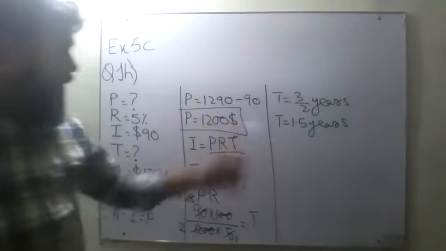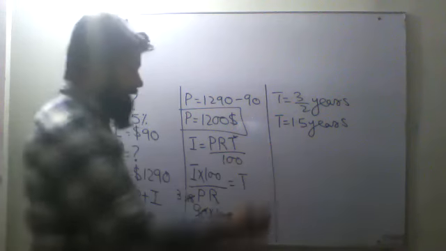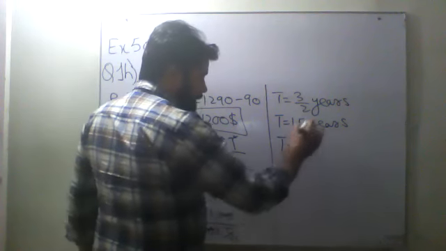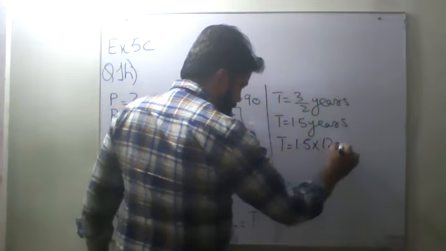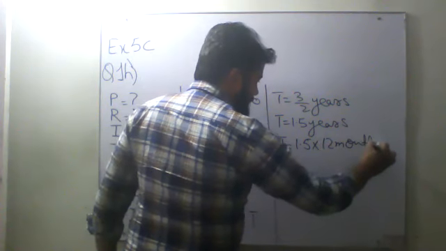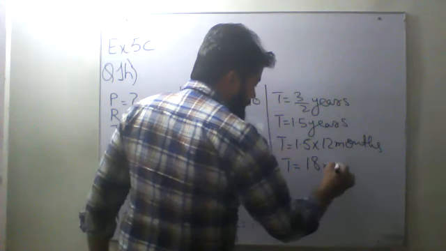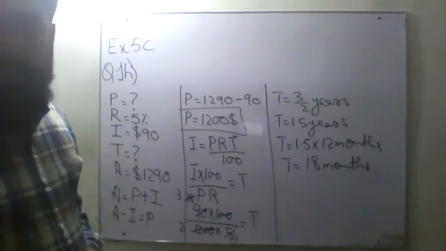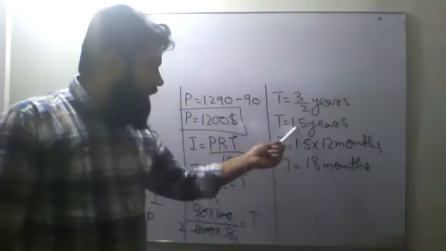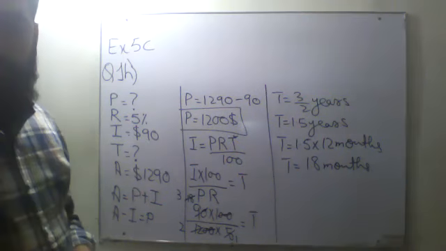If I want to, for that I have to multiply it by 12. 1.5 multiplied by 12, so it can be written as 18 months. That will be your final answer. Over here, they are not telling us in which form I have to give the answer, so I have given it in both forms. It's totally your choice in this question how you want to answer it.